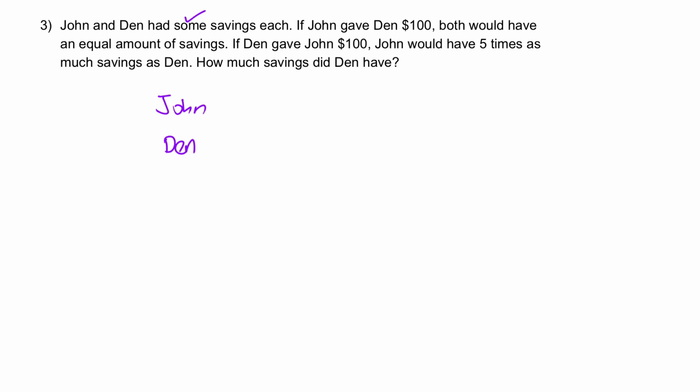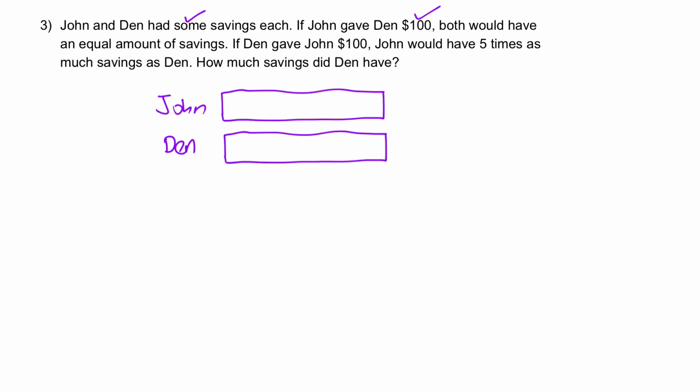Moving on, second information. If John gave Dan $100, both would have an equal amount of saving. Now, after John had given Dan $100, they both would have the same amount of saving. So this is what you should get after giving the $100, which is here.